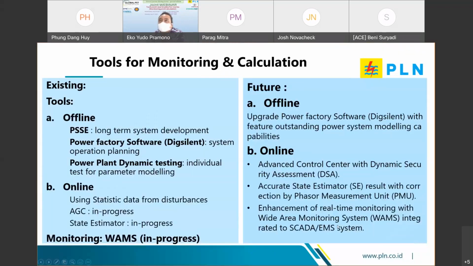This is the tool for monitoring and calculation that we use until right now.